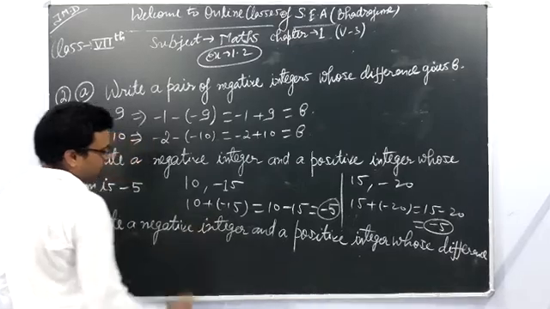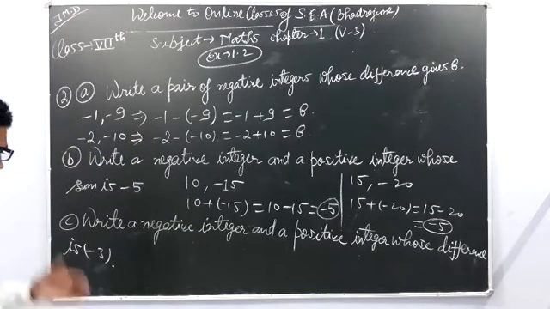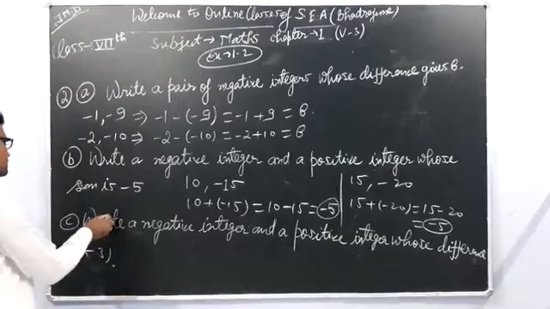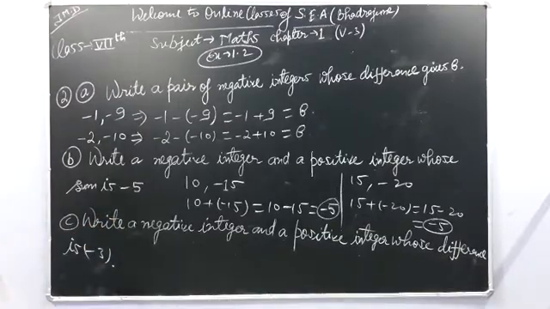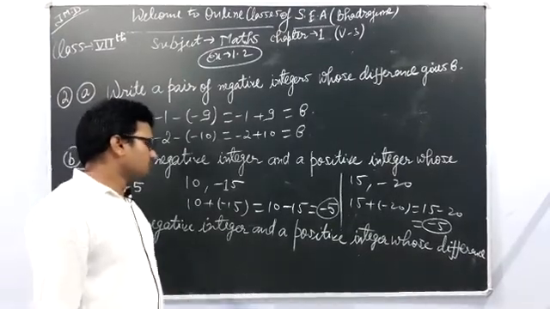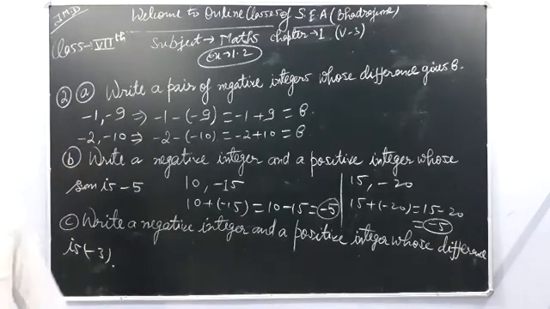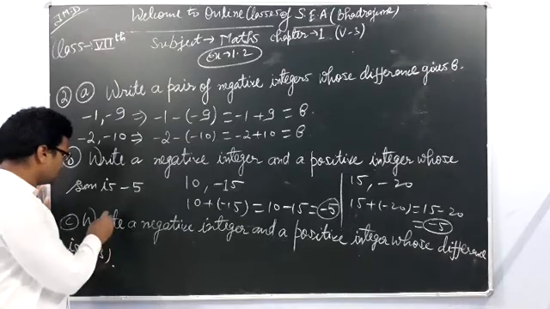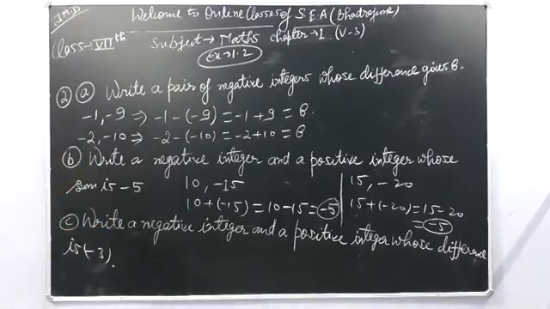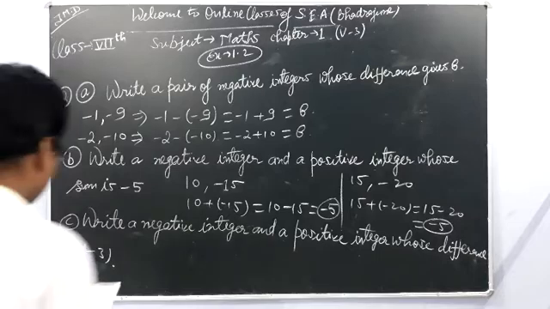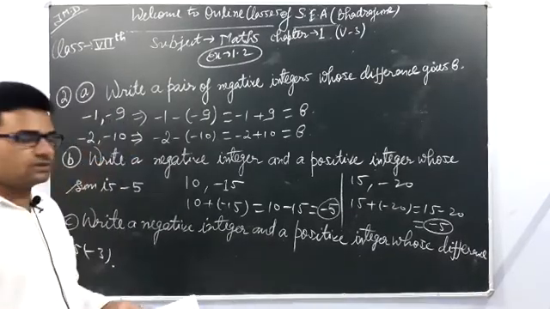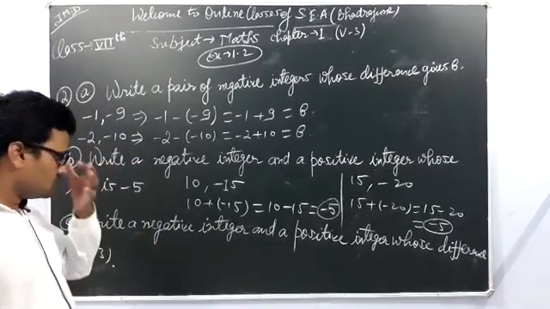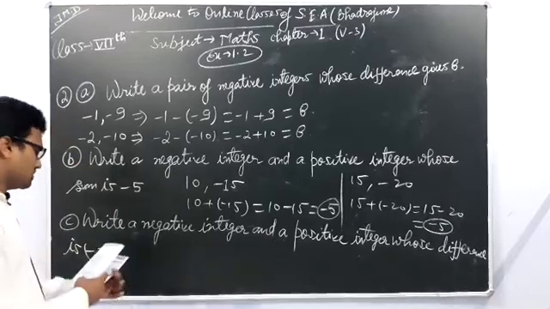If we go for calculation, we want a negative integer and a positive integer whose difference is minus 3.